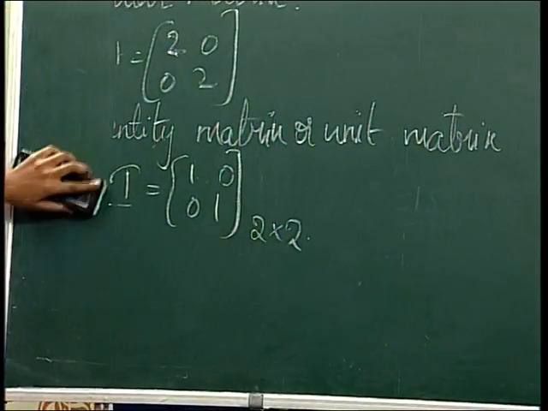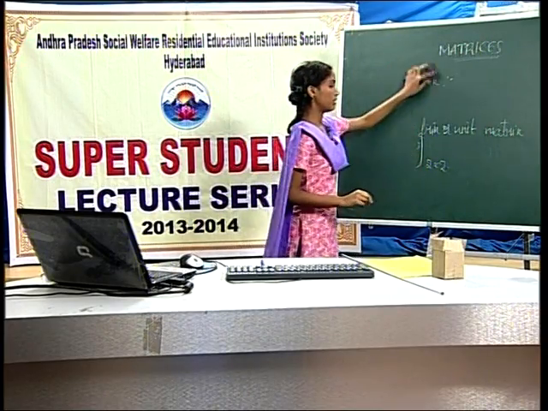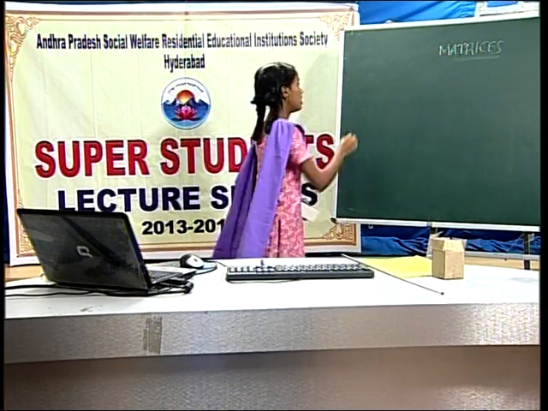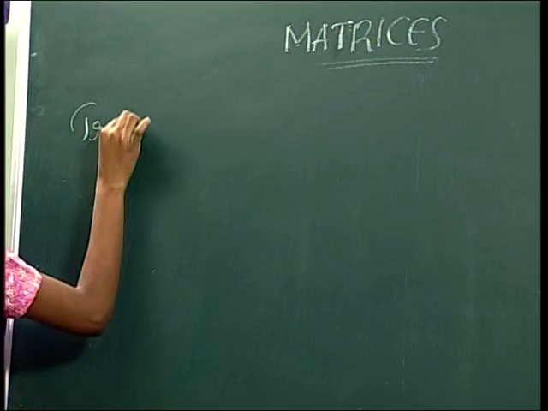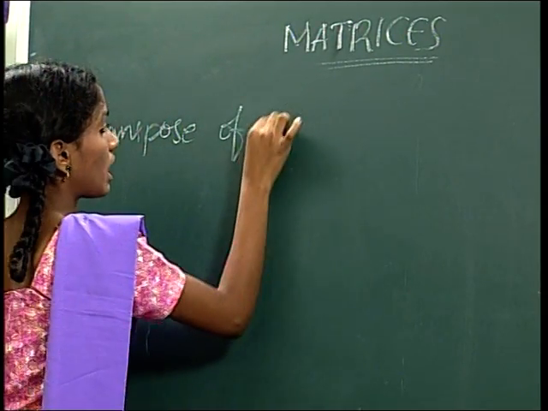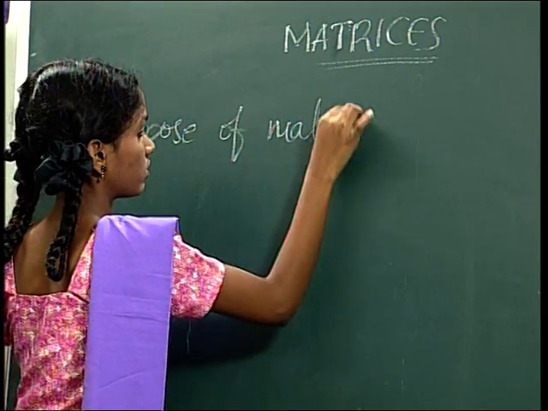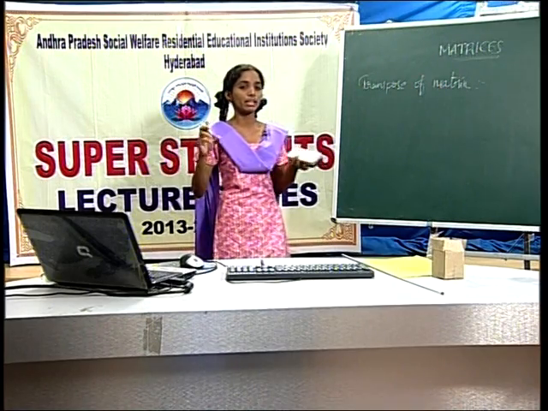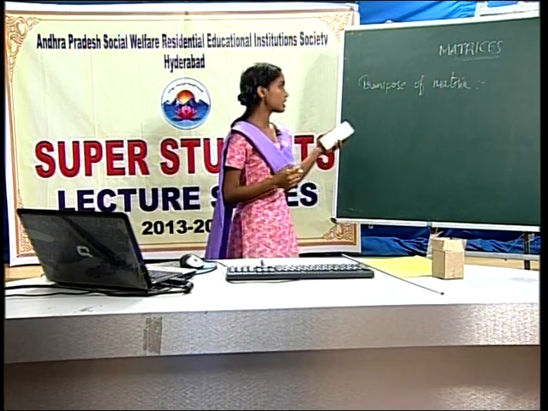And next, transpose of a matrix. Transpose of a matrix means interchanging the rows and columns. If a matrix is obtained by interchanging the rows and columns, it is the transpose of the matrix.